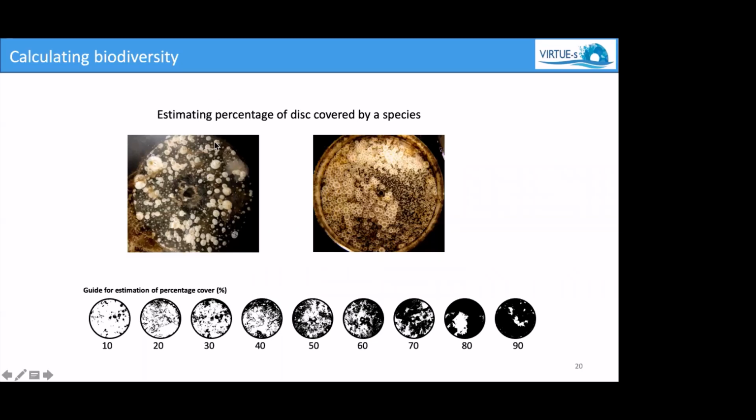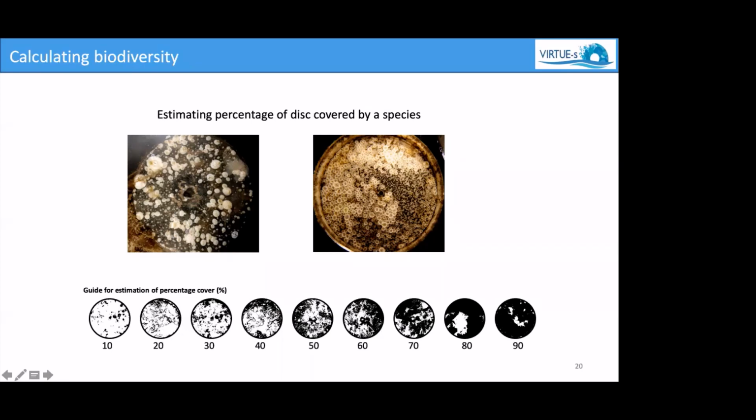Okay, so we can estimate the percentage cover of a disc covered by a species. We also have a guide prepared for the visual estimation of percentage cover, also on the website. Here the students can more or less estimate how much of the disc is covered by barnacles.